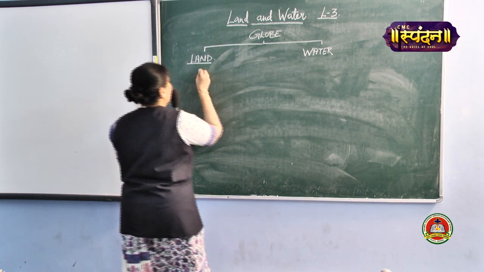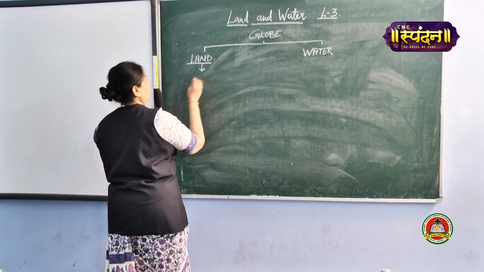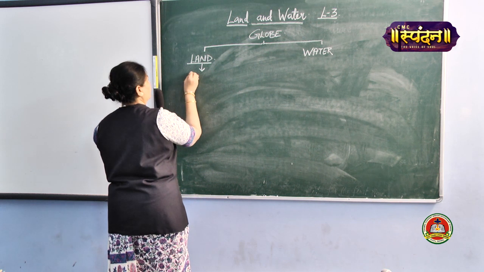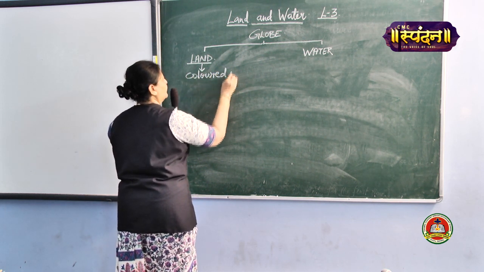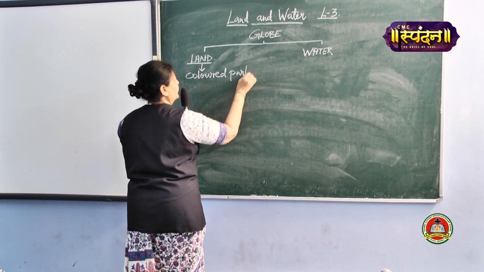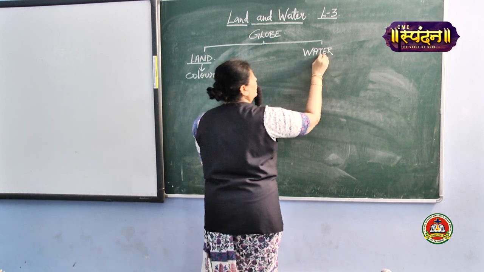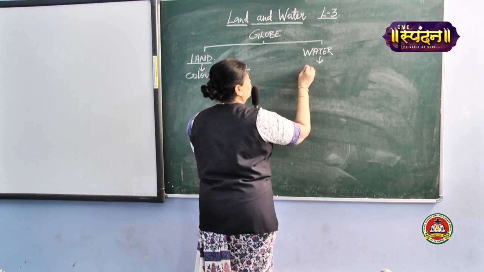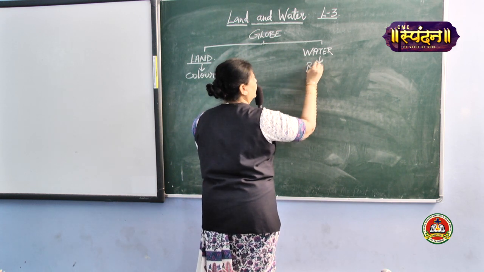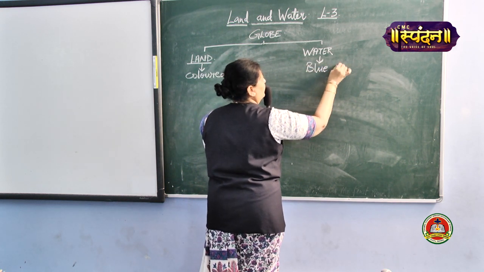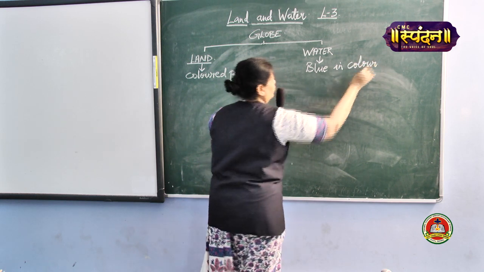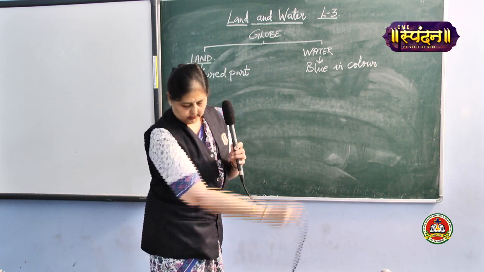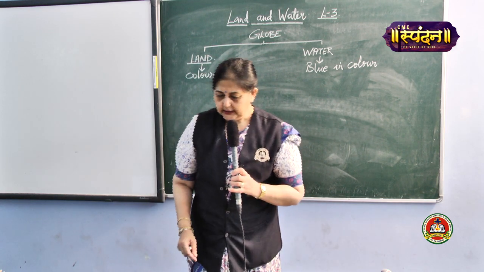Now children, land area is the colored part. Whereas the water area is blue in color. Yeah? The water area is blue in color.